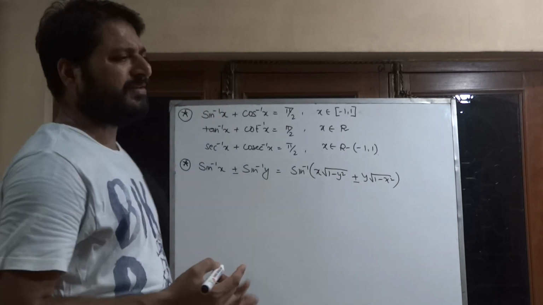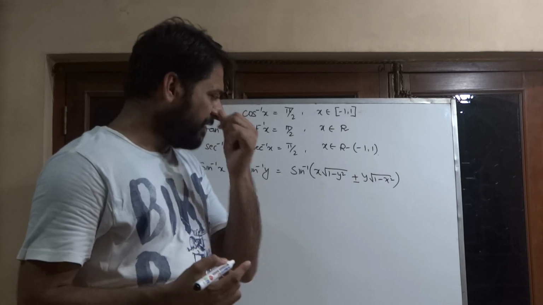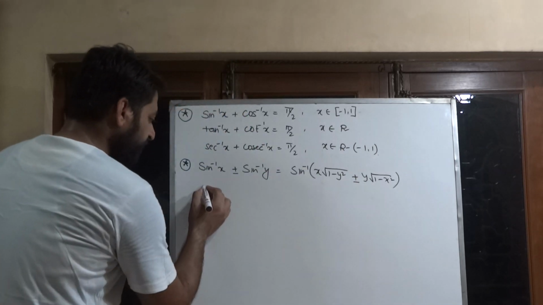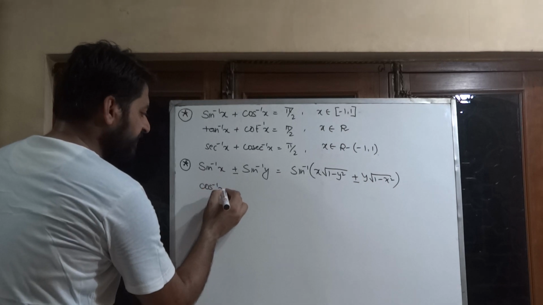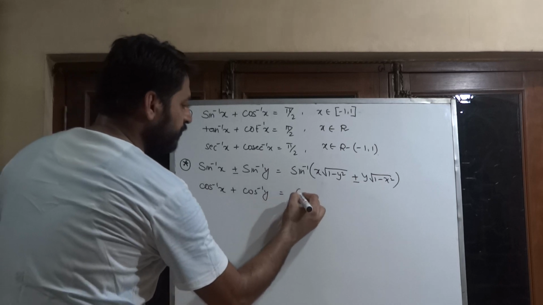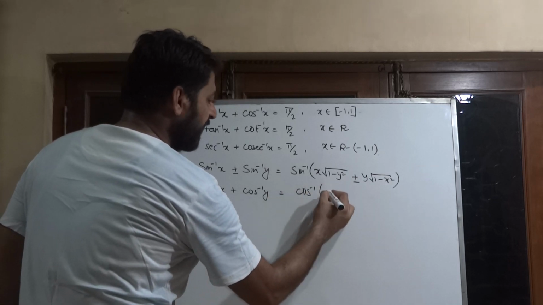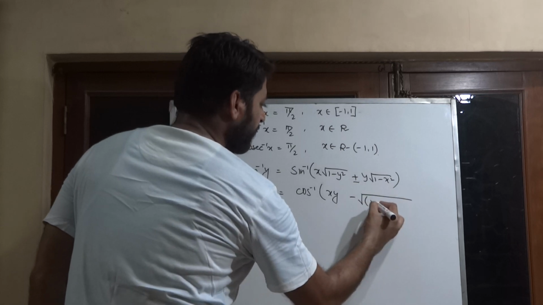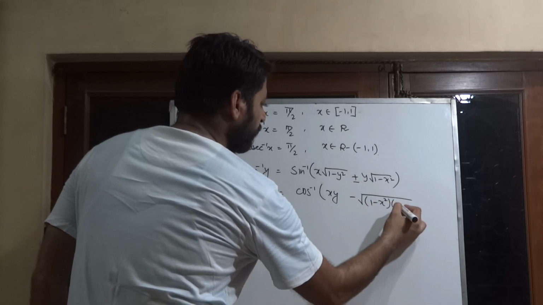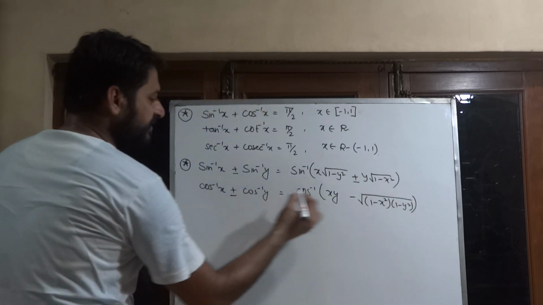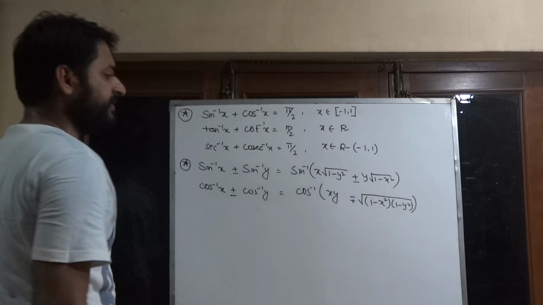Secondly, you will rarely find this formula very useful, but you must know. The second one is cos inverse x plus cos inverse y equals cos inverse of xy minus root over 1 minus x square into 1 minus y square. And if it is minus, this will be plus.